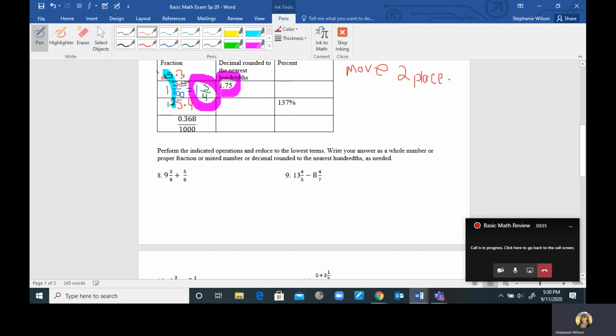I'm writing slow. I'm trying to be neat, guys. To the right. I'm putting it in percent form is what I'm doing. So you grab it and you go 1, 2. This means this is 175%. That's a big percent because usually we just base percent out of 100.